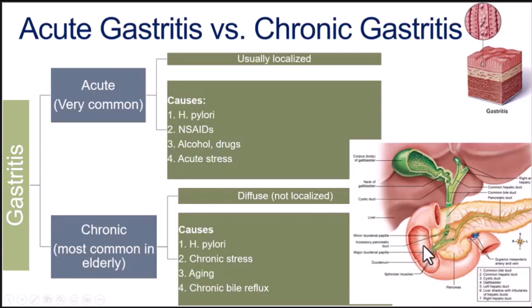But with bile reflux it moves up and ends up in the stomach. And the stomach is not designed to be exposed to bile, especially on a chronic basis. So it can cause irritation and inflammation, leading potentially to a diagnosis of chronic gastritis.